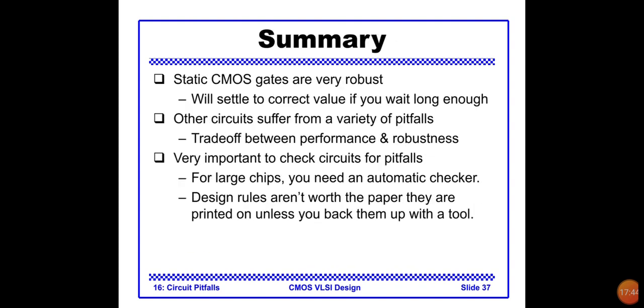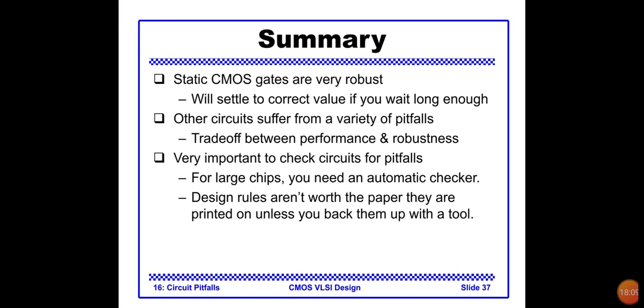This is the summary of VLSI design. Static CMOS gates are very robust and will settle to the correct value if you wait long enough. Other circuits suffer from a variety of pitfalls.